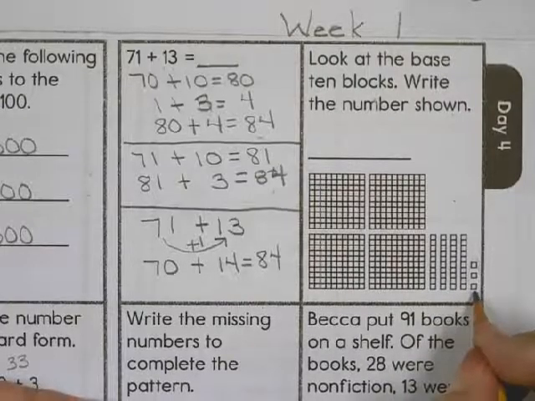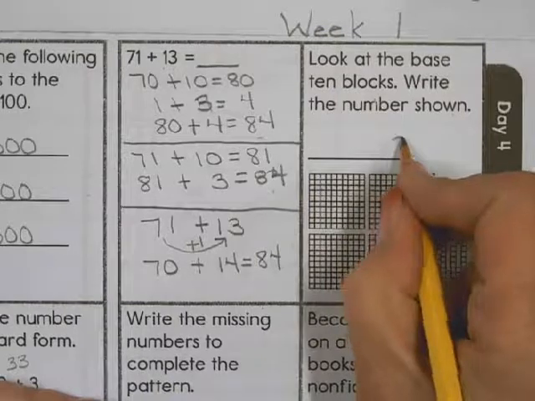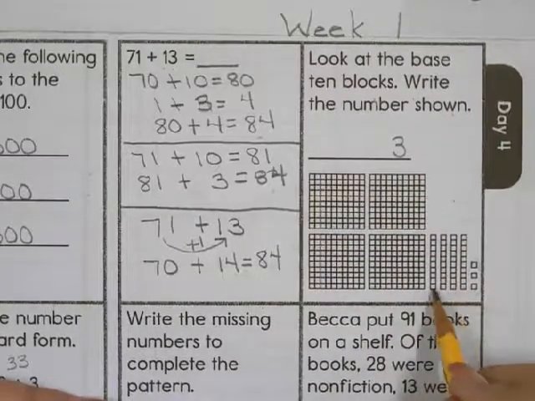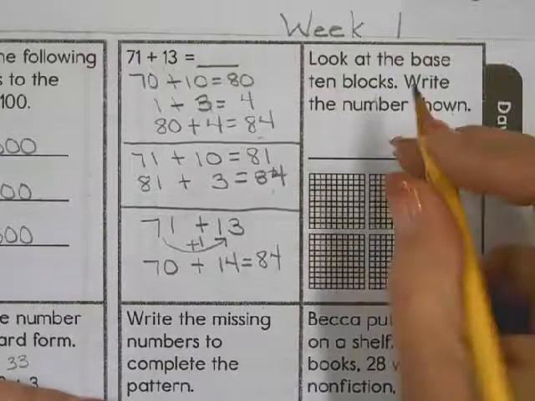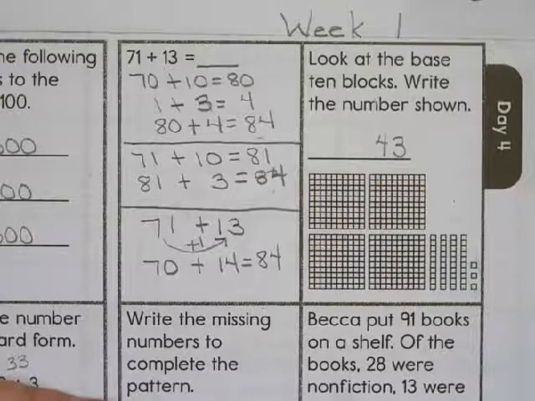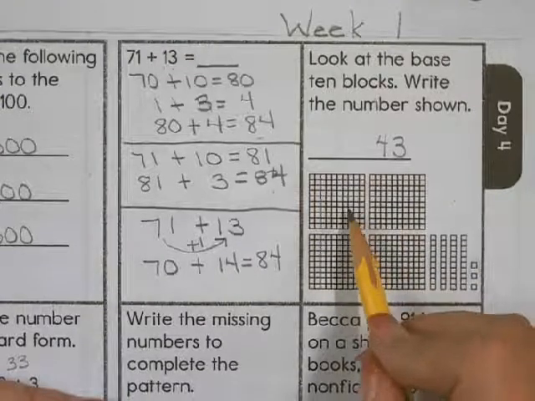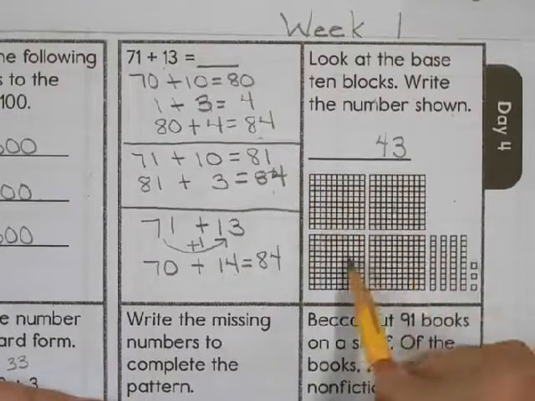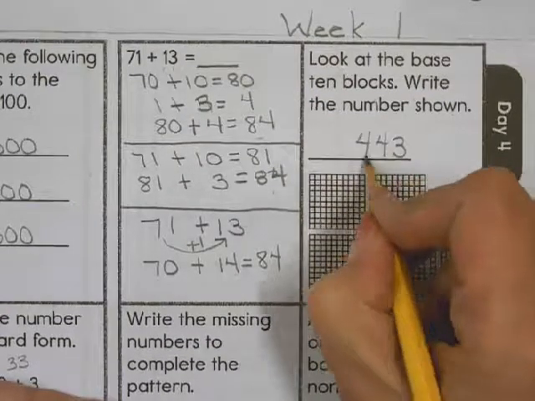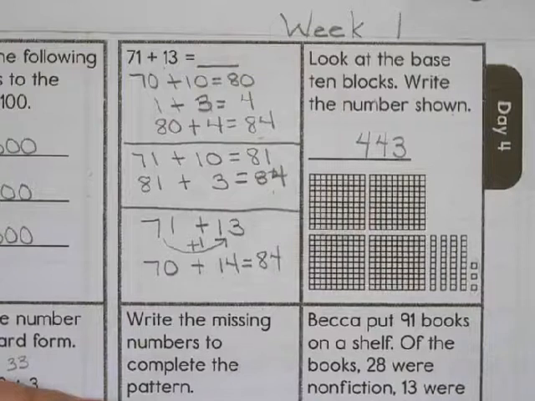We have 3 ones, so we put a 3 in the ones place. We have 4 tens, so we have 10, 20, 30, 40, so there's a 4 in the tens place. And we have 100, 200, 300, 400, so a 4 in the hundreds place. And that's in standard form.